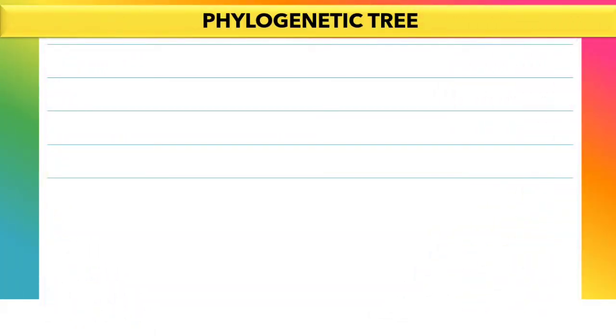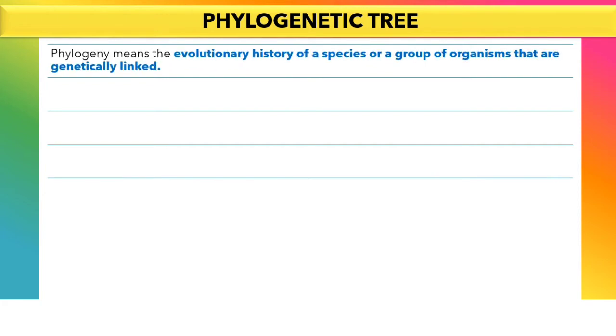Now let's discuss a term in biodiversity, the phylogenetic tree. Phylogeny means the evolutionary history of a species or a group of organisms that are genetically linked.